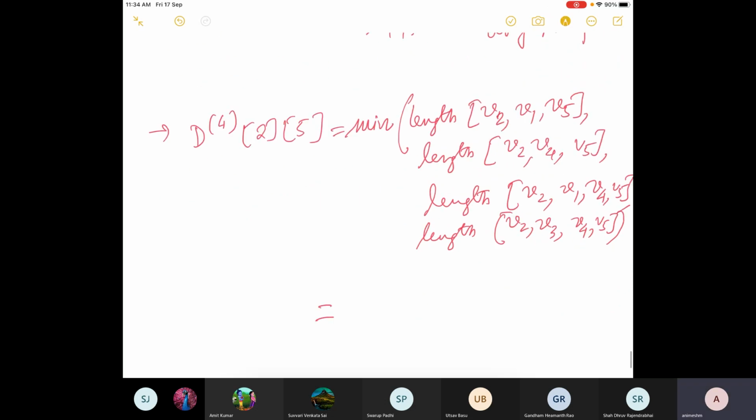So that is minimum of, this one we have already calculated, 14. This one would be how much? Sir, 5. 5. Next one will be 13. Next one will be 10. And so this one is 5.